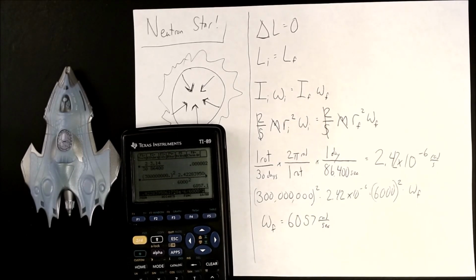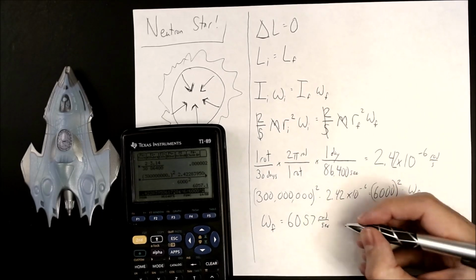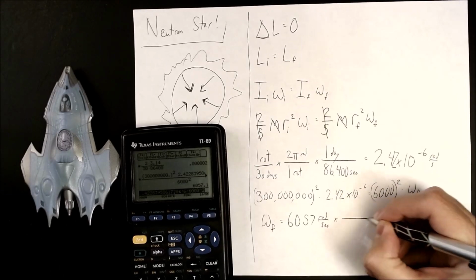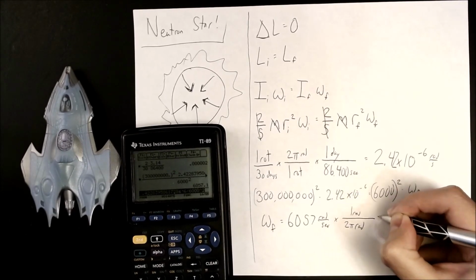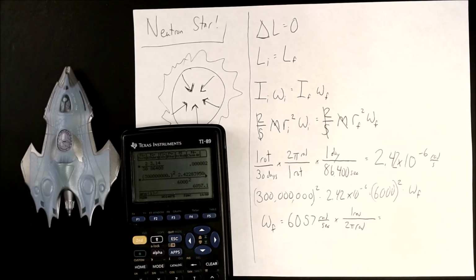Well, we should probably convert that to revolutions per second. So we can say that there are 2 pi radians in 1 revolution. So this divided by 2 times pi. Now notice what I did in my calculator. I put parentheses around the 2 times pi.